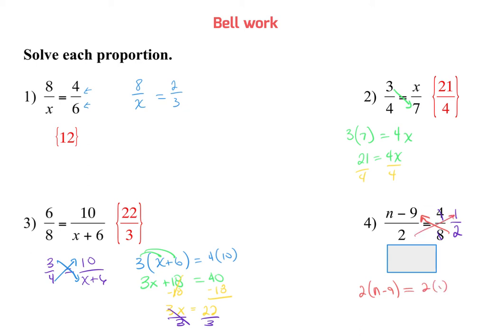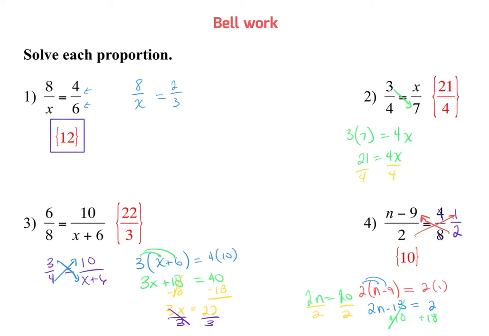You do have to distribute. 2n minus 18 equals 2. You're going to add your 18 to both sides. So you have 2n equals 20. And then you are going to divide by your 2. And that one works out nicely to just be 10.